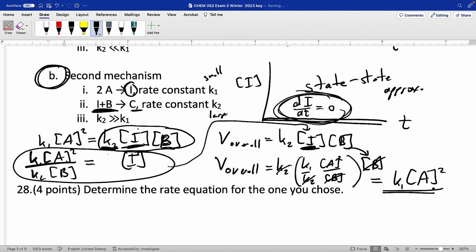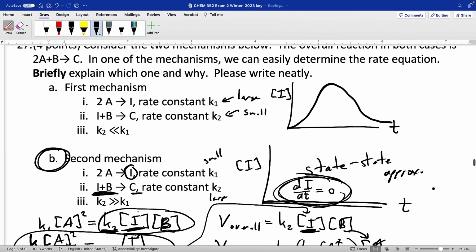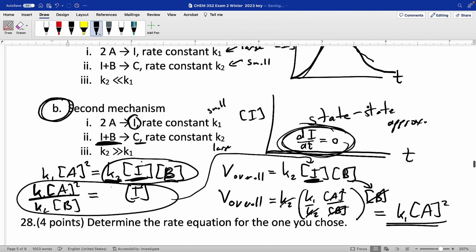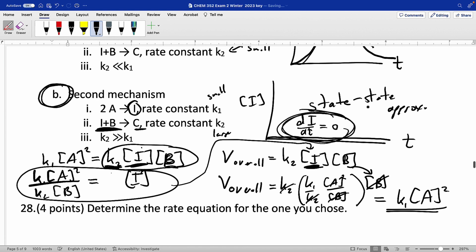In other words, the second step is irrelevant because the first step is rate limiting. But we can only do that if the rate limiting step comes first. We couldn't do that in the first mechanism because the intermediate builds up and has a giant change in concentration over the course of the reaction. So the steady state assumption works when the slow constant is first, when the rate limiting step is first, not when it's second.